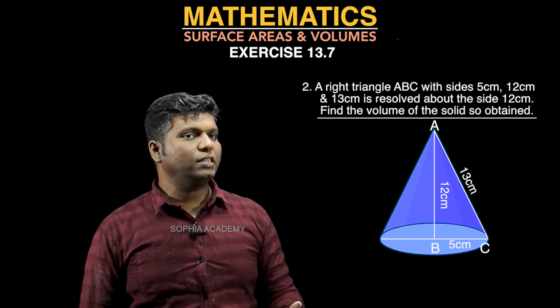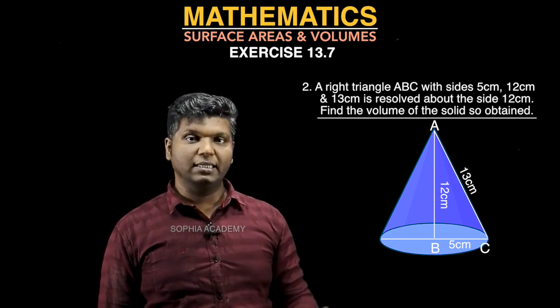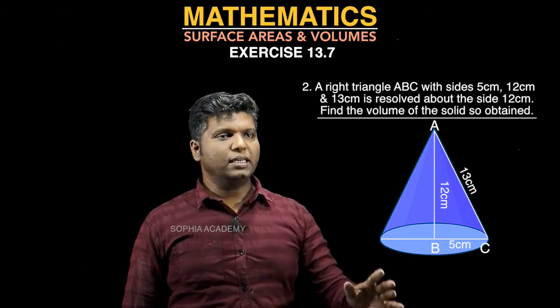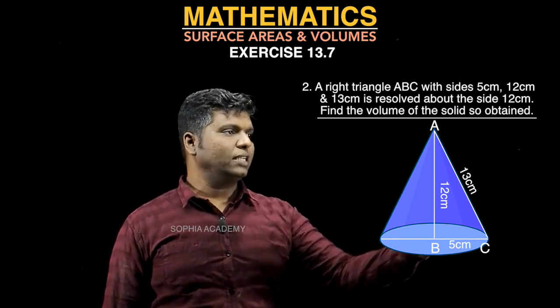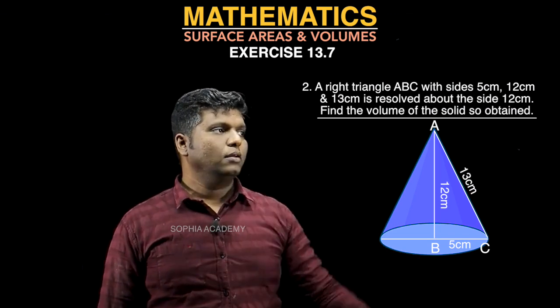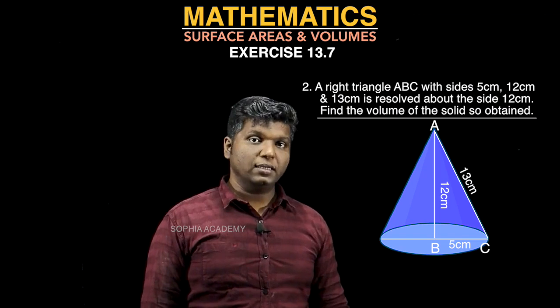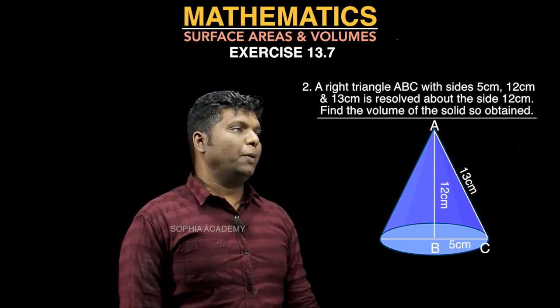You can see here we are taking this triangle as 12 centimeter of height, 5 centimeter its base, that means its radius, then 13 centimeter its hypotenuse, right?